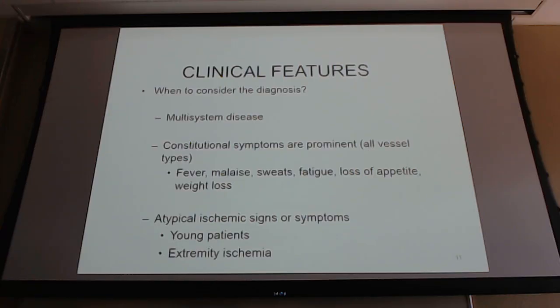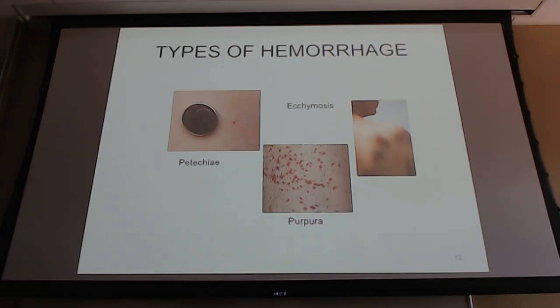Atypical ischemic signs and symptoms, so young patients, extremity ischemia. What is the hemorrhage looking like? Are we having some type of petechiae, purpura, ecchymosis? So these are the things that we want to be looking into as we're thinking about that.